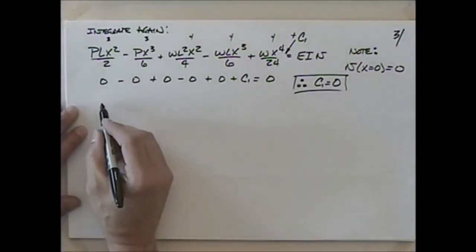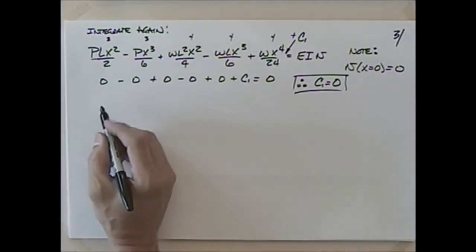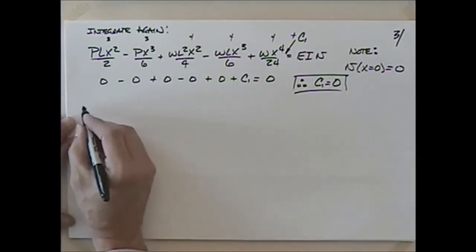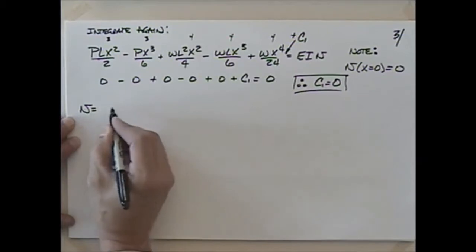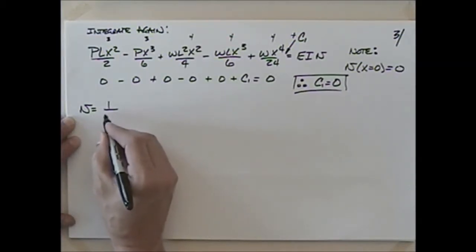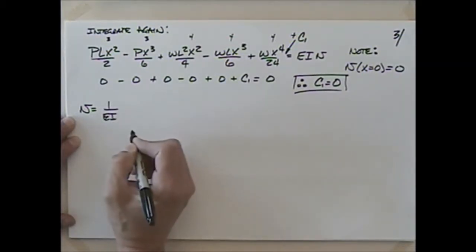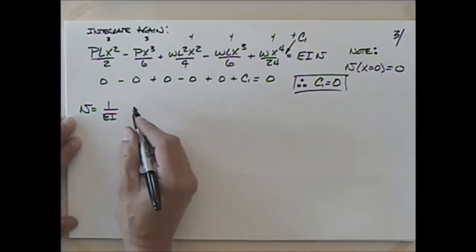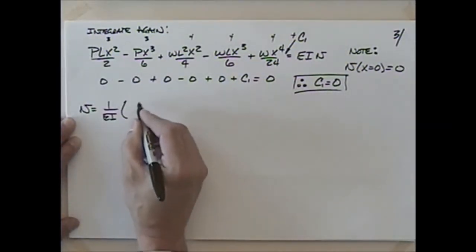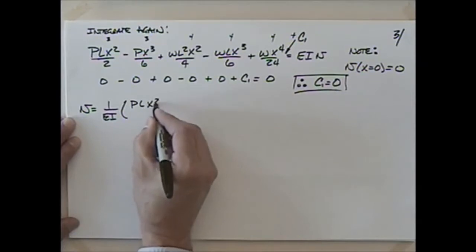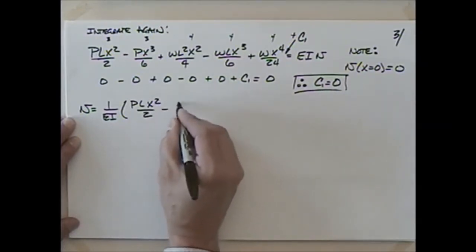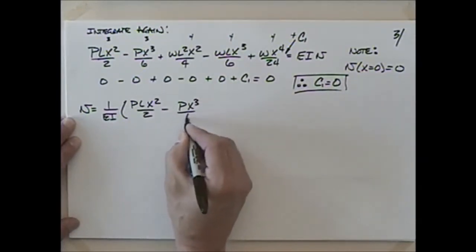So let me rearrange this a little bit. Let me talk about the deflection, V. I could say that's 1 over EI, and then I'm going to group up my terms. I'll put the P terms together. We'll have PLx squared over 2 minus Px cubed over 6.